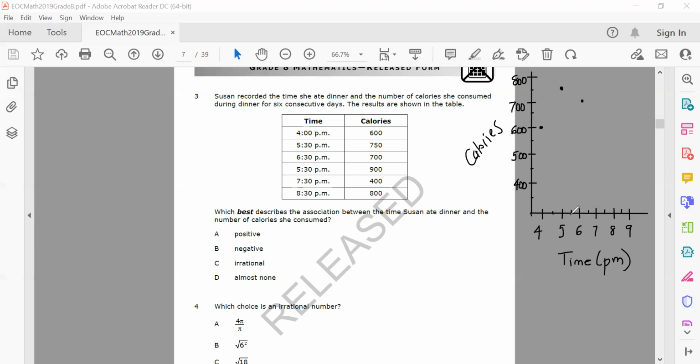At 5:30 again, she consumed 900 calories this time, somewhere up here. And at 7:30, she consumed 400 calories. And at 8:30, she consumed 800 calories.